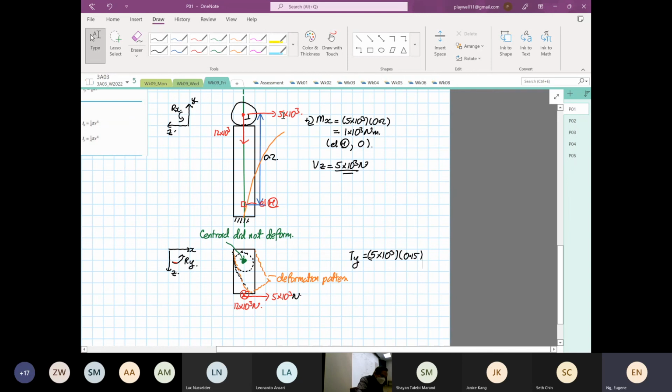Because the distance from here to here is 0.15. Okay. So from here, we have 5 power 3 times 0.15, which is equal to 750 Newton meter.